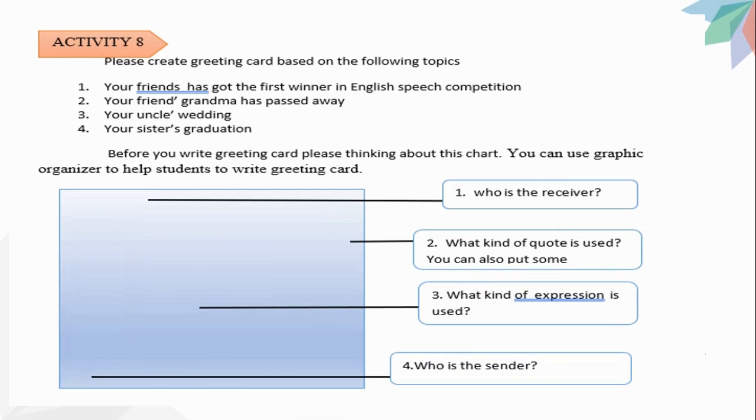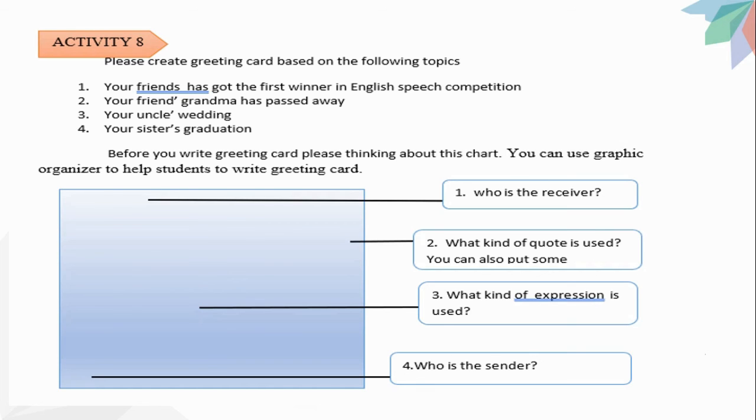Starting from okay, and then after that, the last one means that we as a teacher provide some topics to our students and ask the students to create a greeting card based on the topic they have chosen.